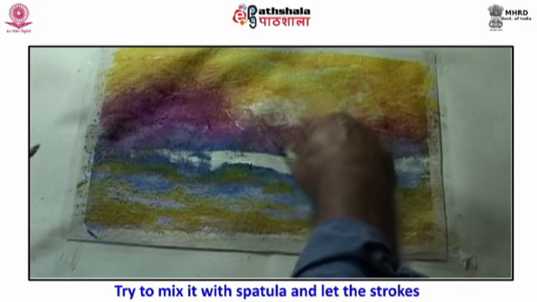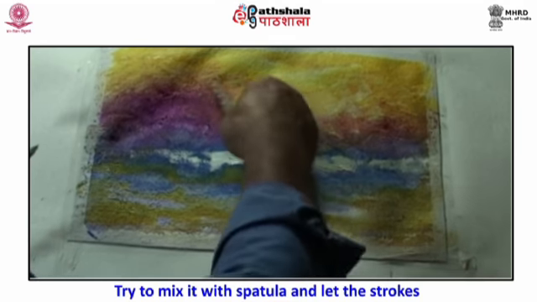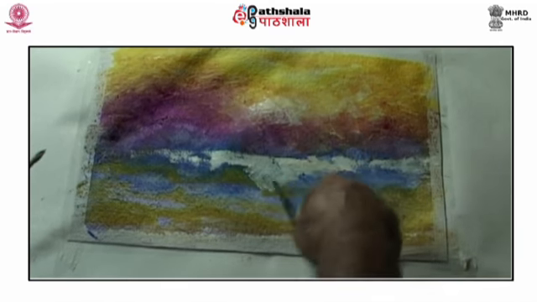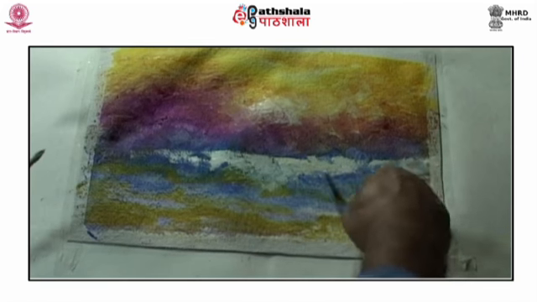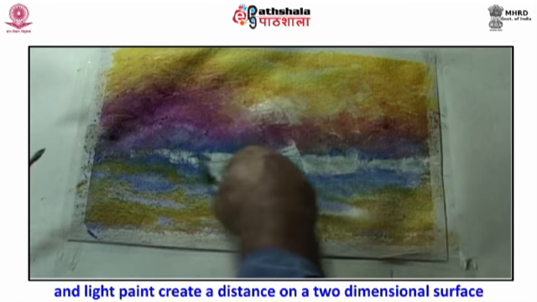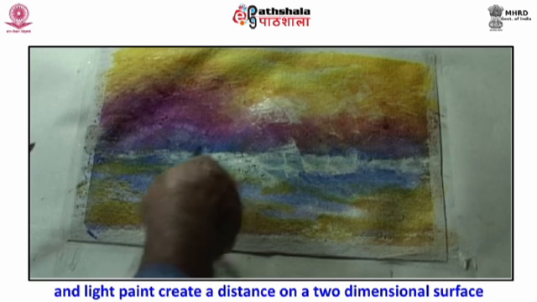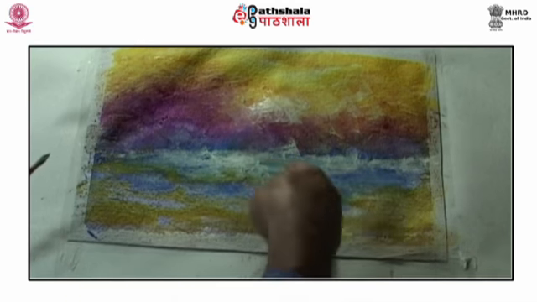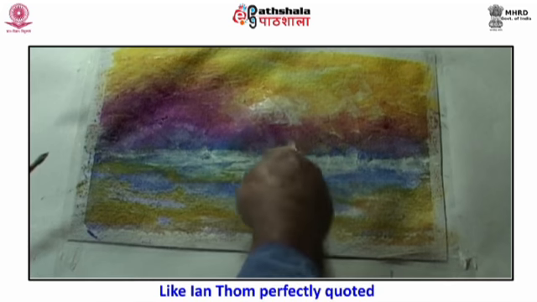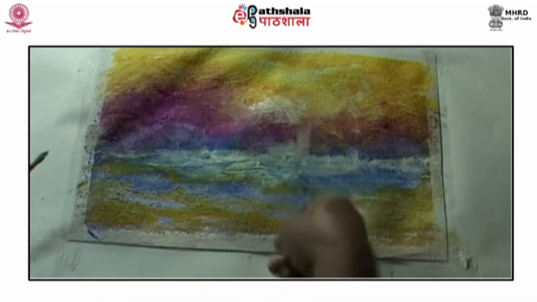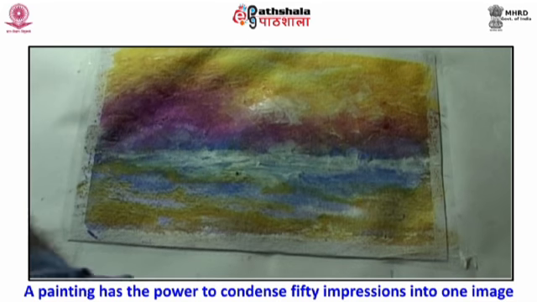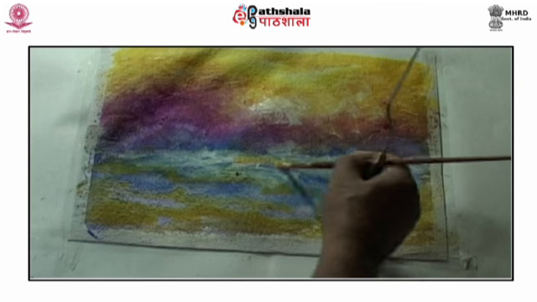Try to mix it with the spatula and let the strokes and light paint create a distance on a two-dimensional surface. Like Ian Thorpe perfectly quoted, a painting has the power to condense 50 impressions into one image.